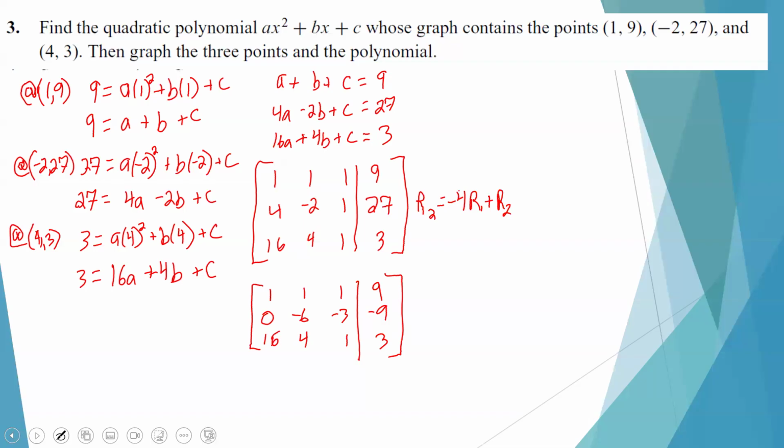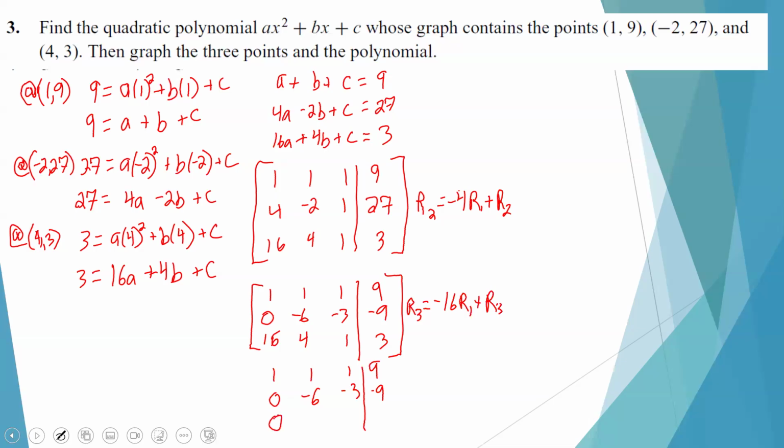So I might do, what would I do? I would do row 3. The new row 3 is going to equal -16 row 1 added to row 3. That would be a nice, easy one. What is this going to give me? My row 1 isn't changing: 1, 1, 1, 9. My row 2 isn't changing. There's actually some kind of calming sensation of doing this that I always enjoy.